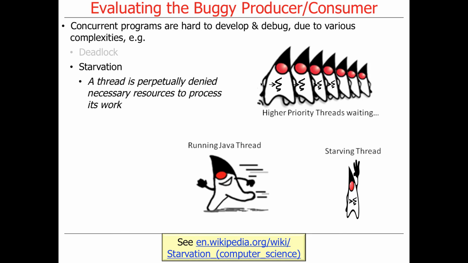The idea is that long-running tasks or jobs, processes, threads, are aged over time so that eventually other people get to be higher priority, right? So that's a typical technique.